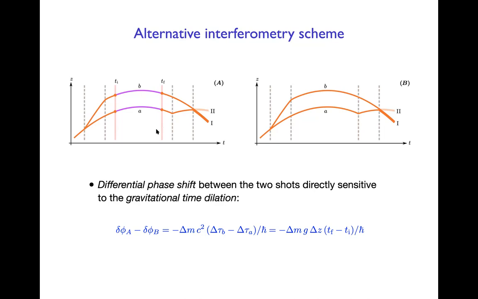And this has the nice feature that in a single measurement here, because you have initialization time and final time, you can be sensitive to this gravitational time dilation between the two arms of the interferometer. You still need to compare with the second shot where you have it in the ground state to really get the measurement.